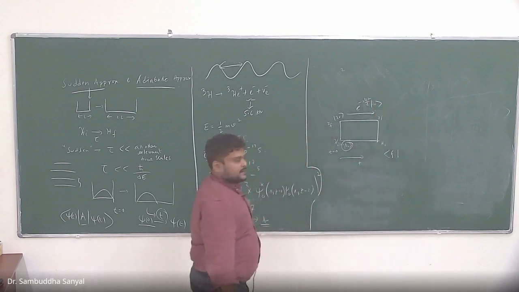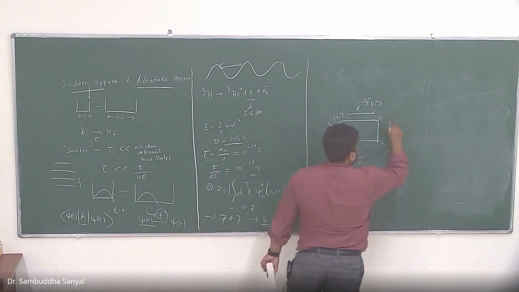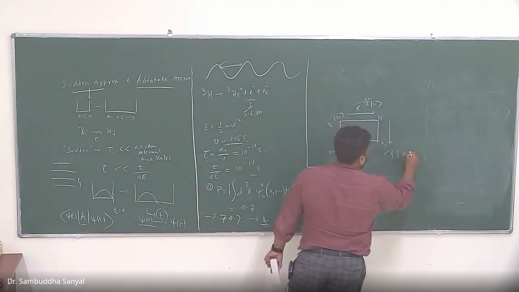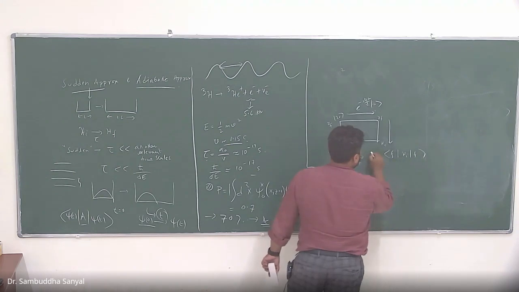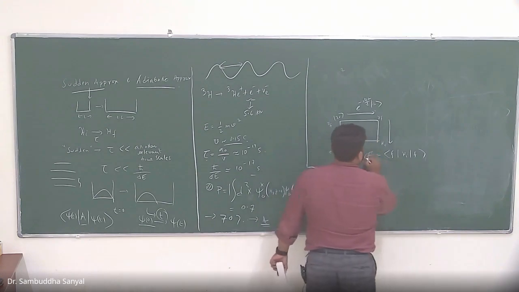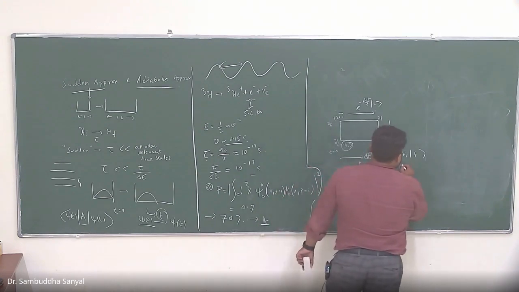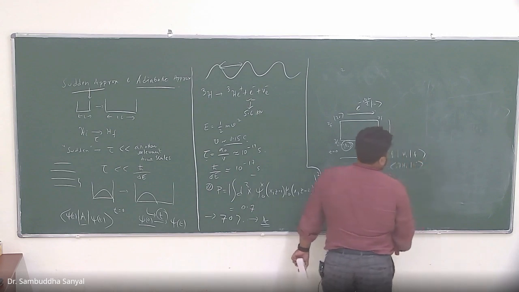And then I suddenly quench it back here. Then I calculate this, which is basically my energy absorbed. Let's call it just delta E. This is a scalar.